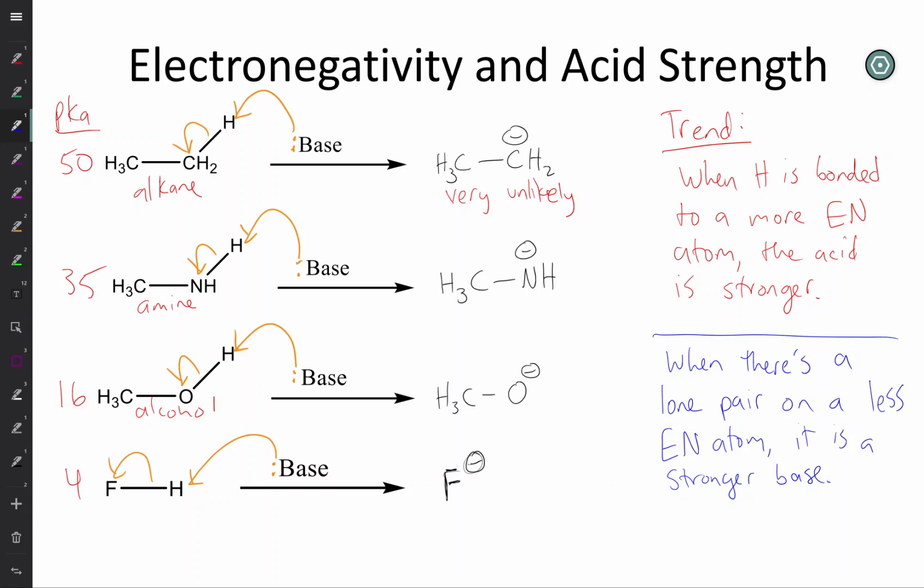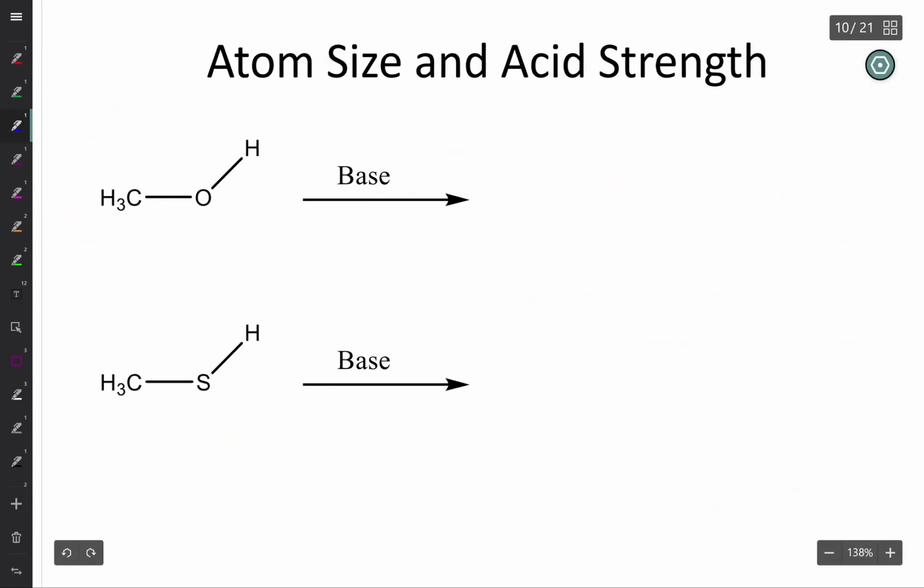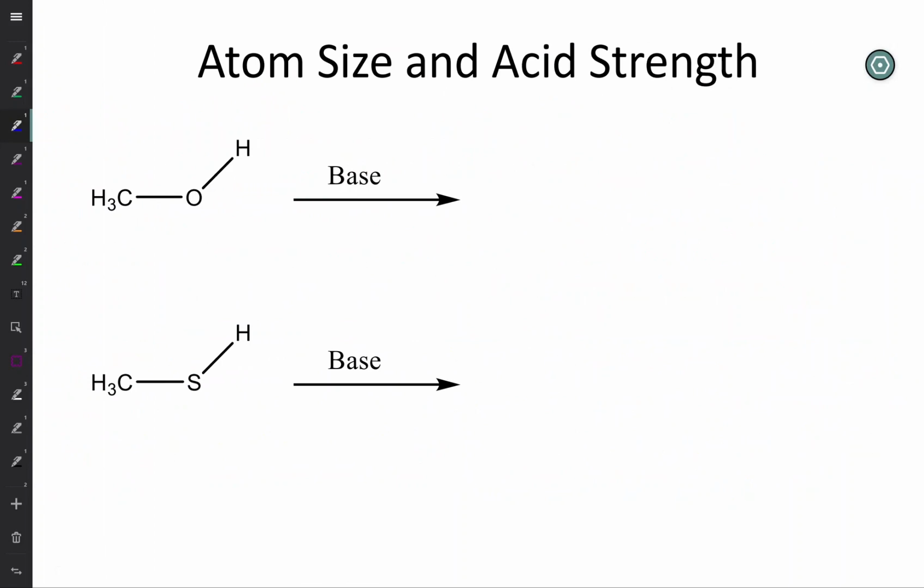Are there questions before we look at the next factor? All right. Let's compare then if I had these two molecules and apply the same logic. So the first one we already saw on the previous slide.